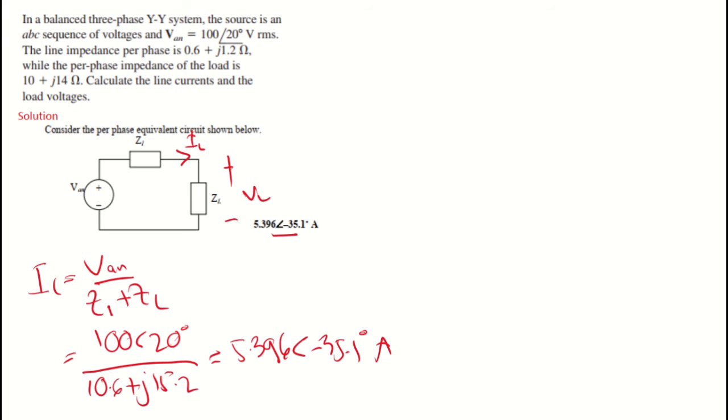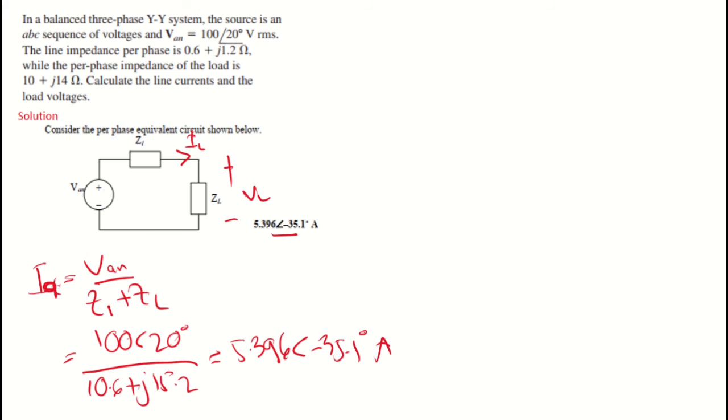Okay, so now we have to find the load voltage. We already know the current flowing into the ZL. I forgot to tell you that the one that we are calculating is for IA.